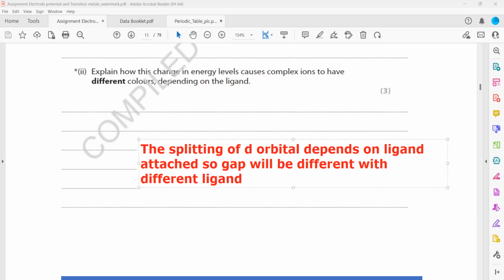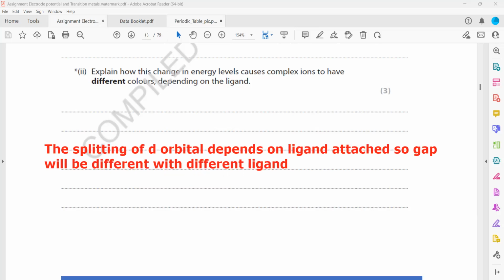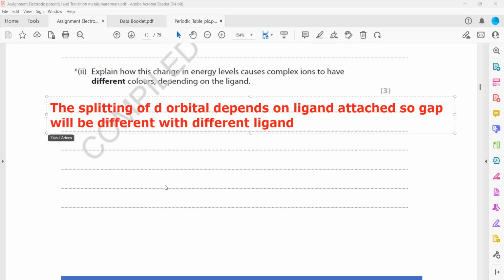Then what will happen? How are we actually able to see a color? What is responsible for the color? Electrons absorb and gain energy of a specific frequency, and move from a lower level to a higher level.